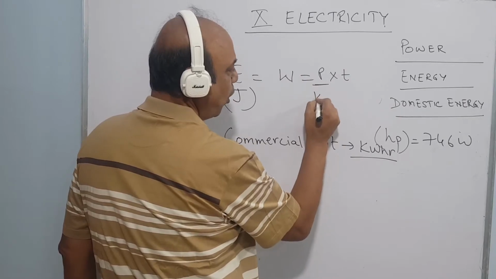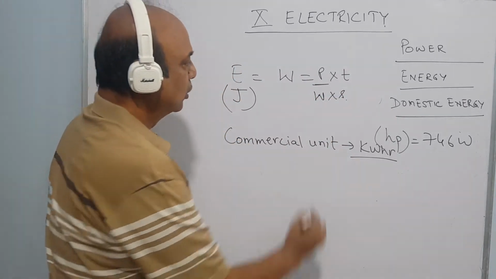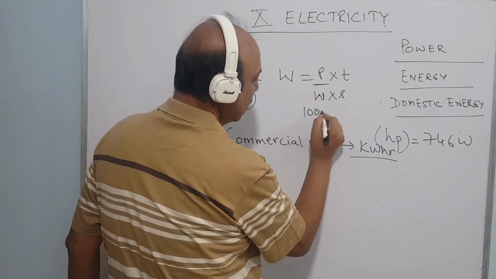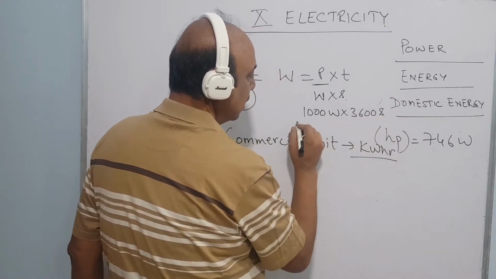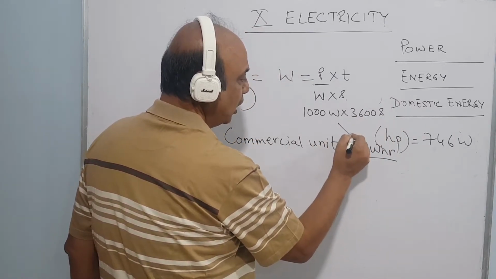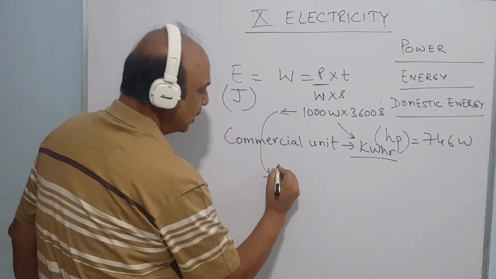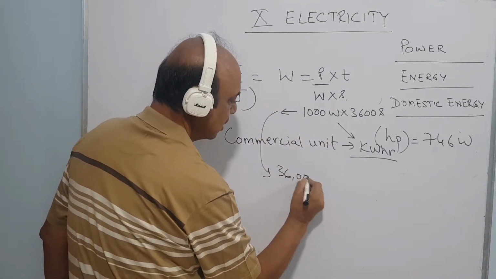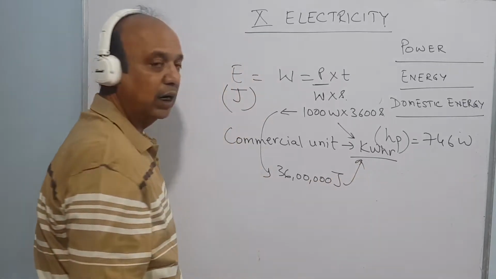As we know, this is watt and this is second. So 1000 watt into 3600 seconds makes 1 kilowatt hour, and if we see, this is 36 lakh joules that make 1 kilowatt hour.